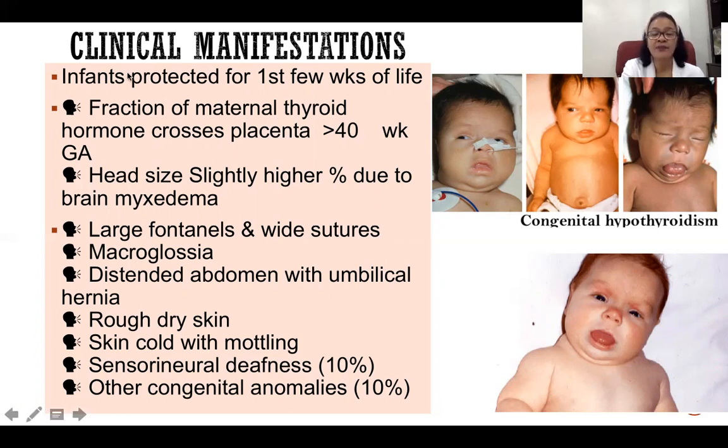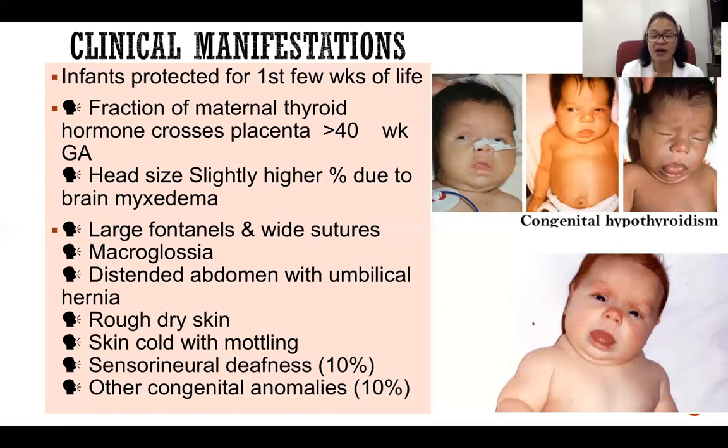But later on, some patients may already have manifestations like an increase in the head size. If you examine their fontanelles, particularly the anterior fontanelle, it's very large, and the sutures are wide. And then the tongue is usually out.